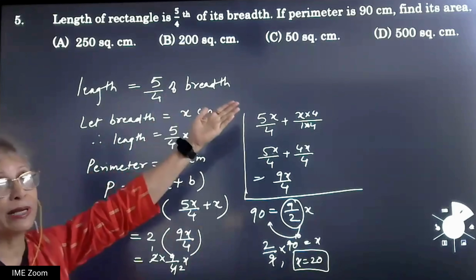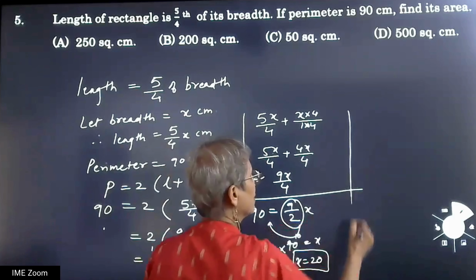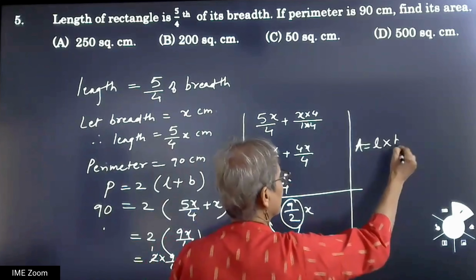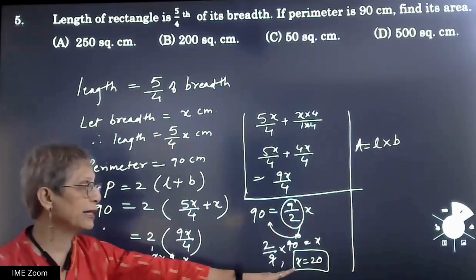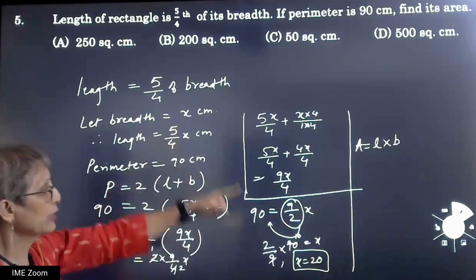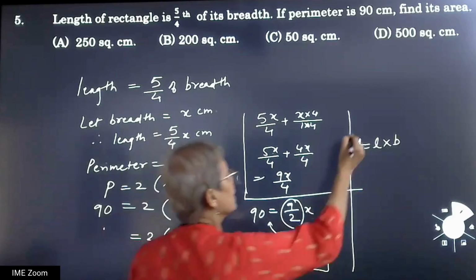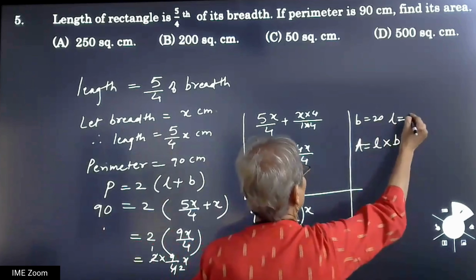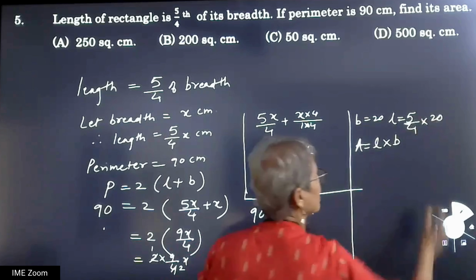Okay, what we have to find out is area. So area is equal to length into breadth. So what we need to find out is length now, because breadth we got. Our breadth is x. So we got breadth 20. So what is length? B is equal to 20 and L is equal to 5 upon 4 into 20.